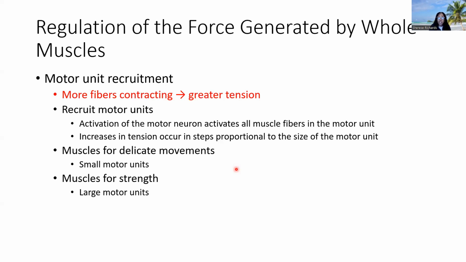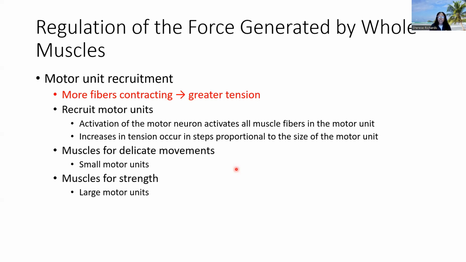Now, if I want muscles for strength, this is going to require large motor units that are attached to large muscle fibers that have many fibers attached to those neurons that will also be able to generate more force because they're attached to bigger muscles. Okay, so the recruitment principle says that we're going to increase tension in a stepwise proportional fashion.